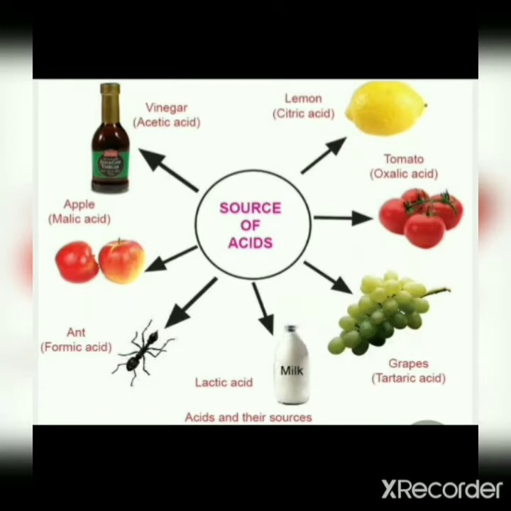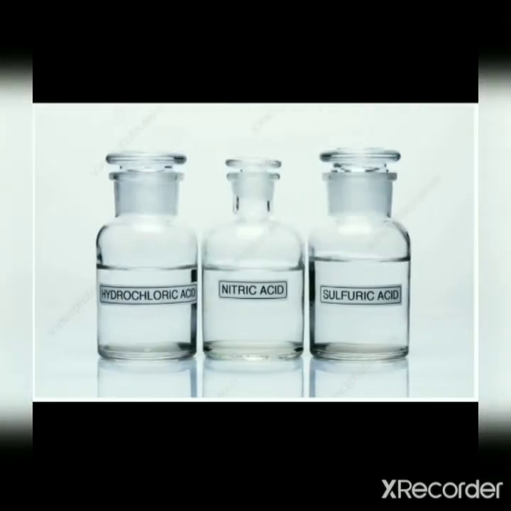Which acid is present in an ant or bee sting? Formic acid. Apple, malic acid. These are the mineral acids: hydrochloric acid, nitric acid, sulfuric acid. So this is the classification based on the source.